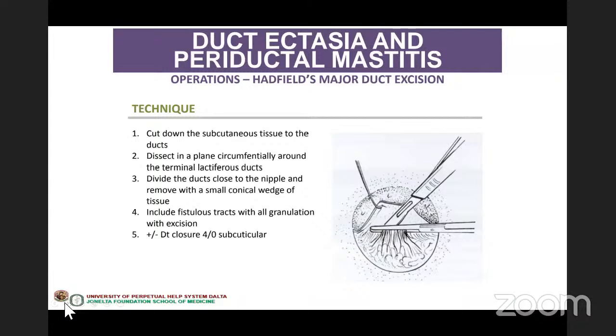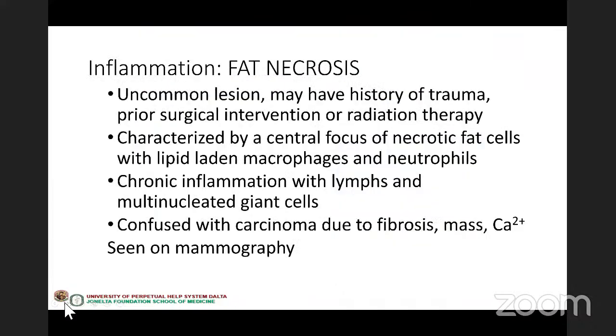It is relatively uncommon compared to the two other previous lesions and usually results from a history of trauma, prior cervical intervention or radiation therapy, characterized by a central focus of necrotic fat cells with lipid-laden macrophages and neutrophils.